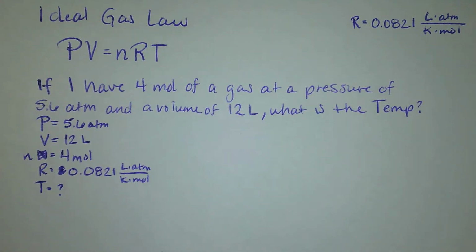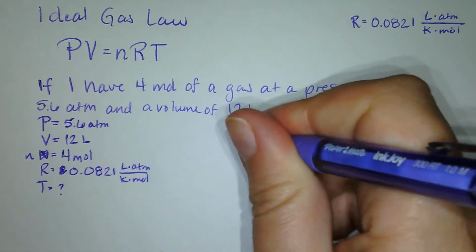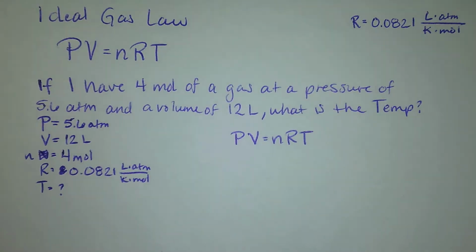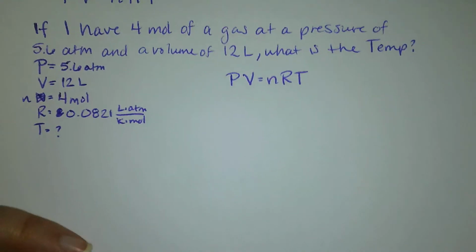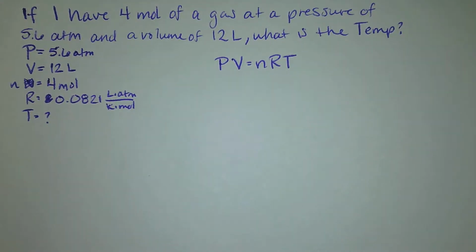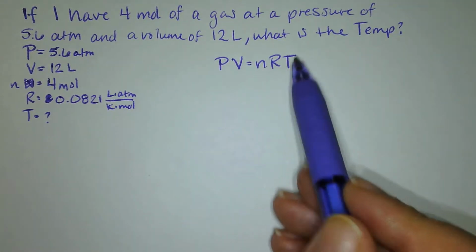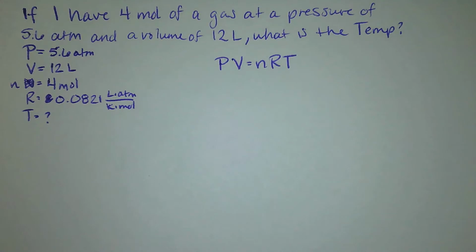All right, so when we do these, we start with our PV equals nRT. Now I'm just going to slide this up now that we have our values. The easiest way to do this, since we're solving for temperature, is to get temperature by itself. So we have to get rid of everything that's not temperature.